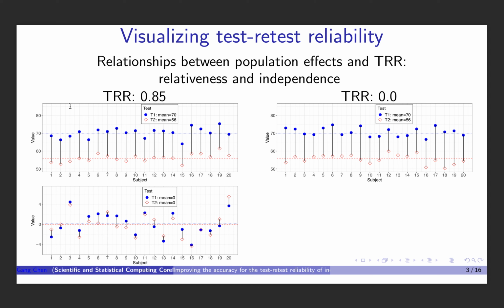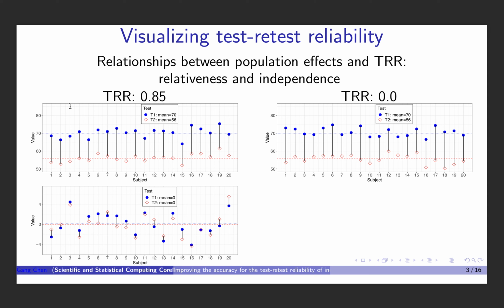How about the third case? We still have pretty much the same population effects as the first case. However, for most of the subjects, the first session and the second session have different relative effects. Most of the subjects have one of them above and one of them below.